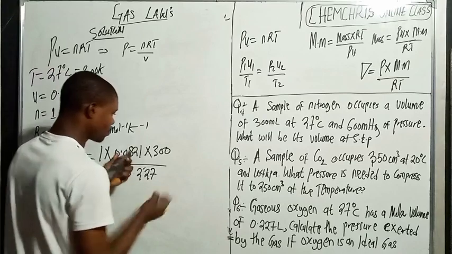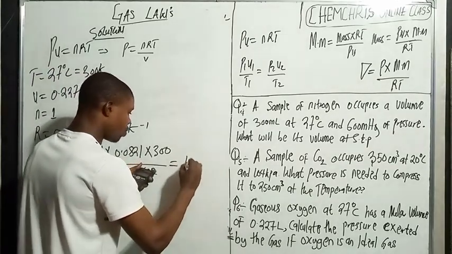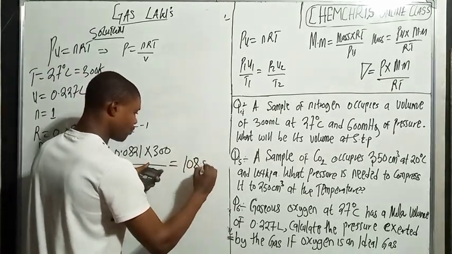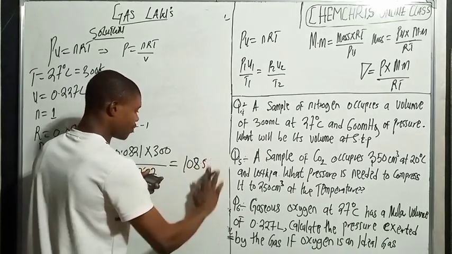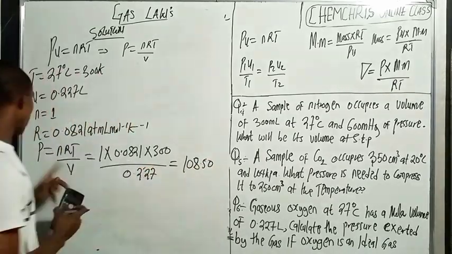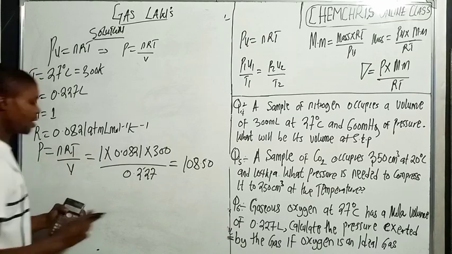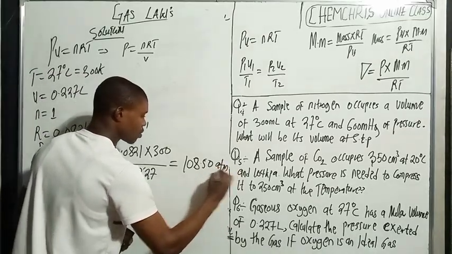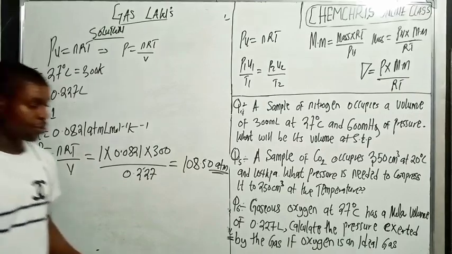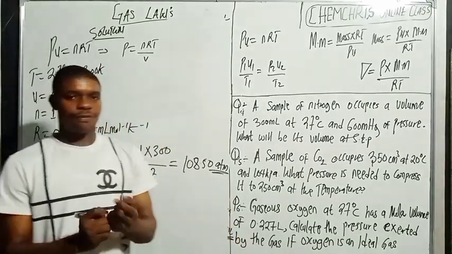So you have 108.5150. So what is the unit? The unit is going to be atm. You understand? This unit is going to be atm. So that will be the end of this class here.